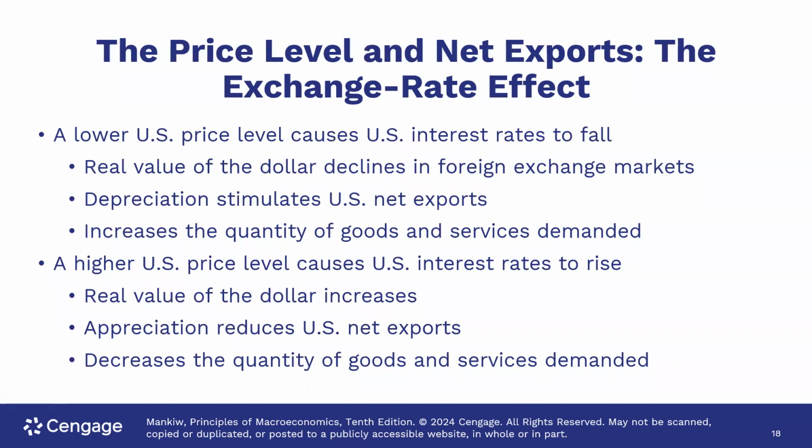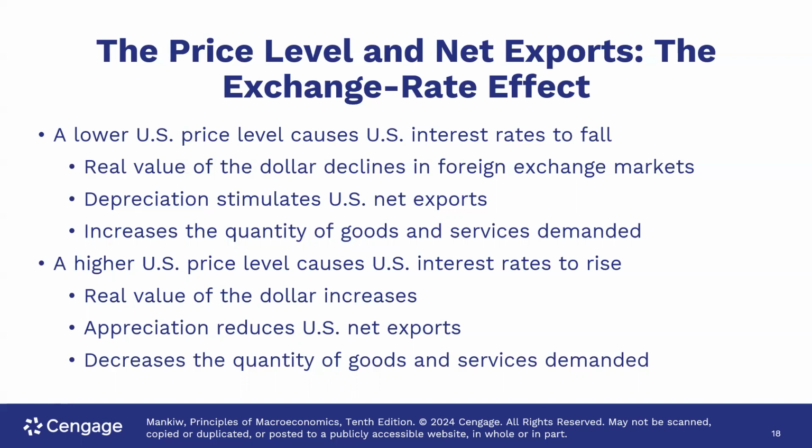So the last part is related to the net export. We actually skip the chapters related to international economics, but here we just briefly talk about the intuition behind it, right? So the exchange rate effect is as follows. A lower US price level will cause the US interest rates to fall. The interest rate is the nominal return that you will get if you hold a local currency, right?